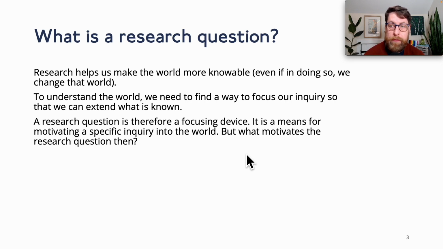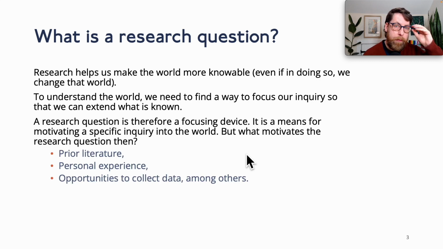Okay, great, but what motivates a research question? Well, we might say a research question itself is motivated by prior literature, by personal experience, and by opportunities to collect data. Now, there's lots of other things that can motivate a research question. The history of many different papers can be quite circumstantial, but these three tend to make a lot of sense.